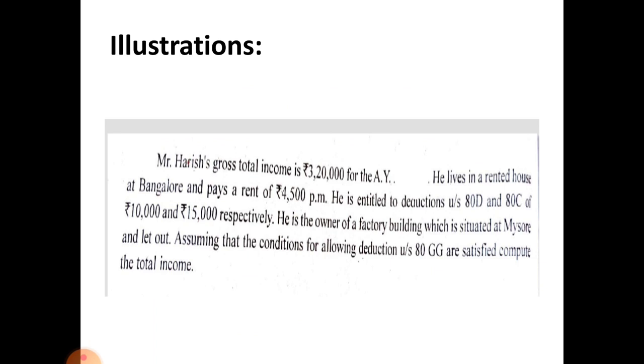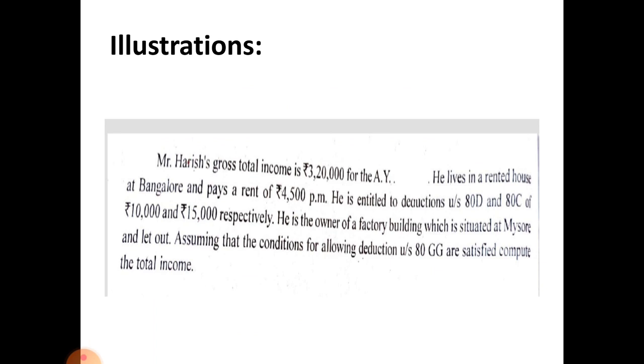He is entitled to deduction under section 80D and 80C of 10,000 and 15,000 respectively. He is the owner of a factory building situated at Mysore and let out. Assuming that the conditions for allowing deduction under section 80 GG are satisfied, compute the total income.